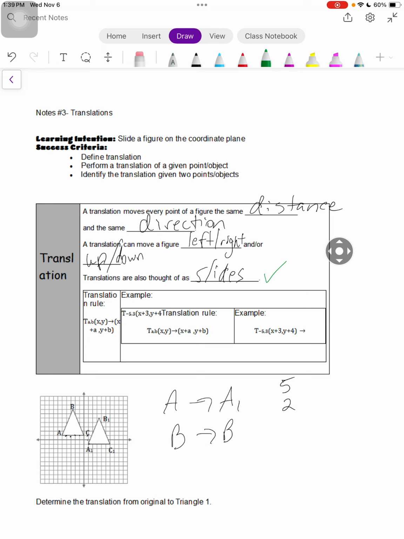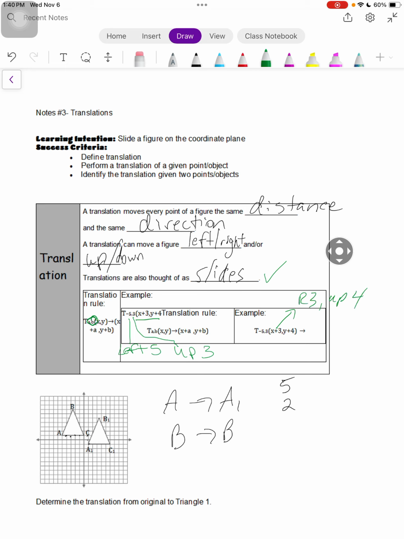So this is a translation rule here. You're going to see a number that you start with, and then this number in the A comma B spot is going to tell you which way to go. Now, they don't always do it that way. Sometimes they give it to you this way. So this one here would mean left 5 and up 3, whereas this one here would be right 3 and up 4.